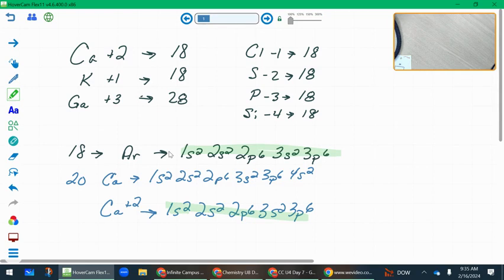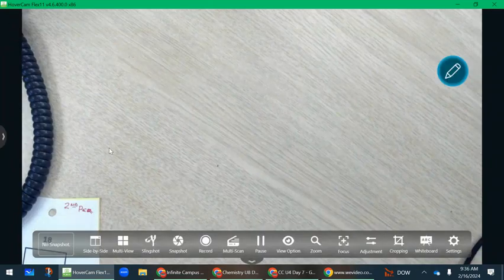We have a term for this, ladies and gentlemen. The term is isoelectric. It's a good idea to write that down. Isoelectric is the term for it.